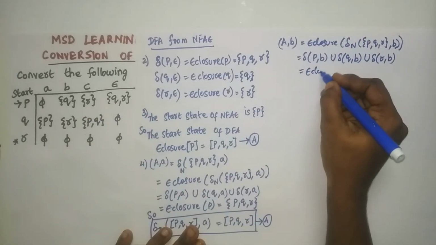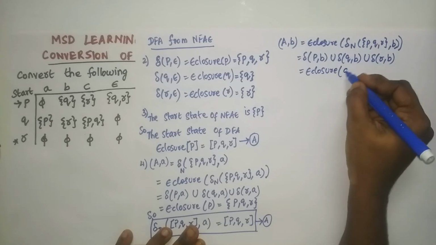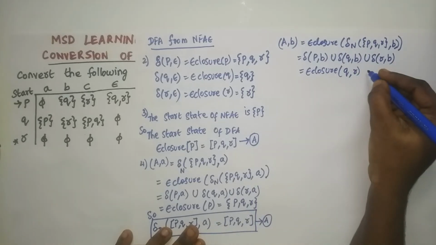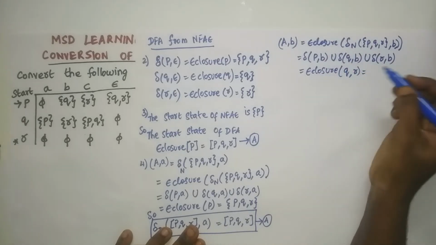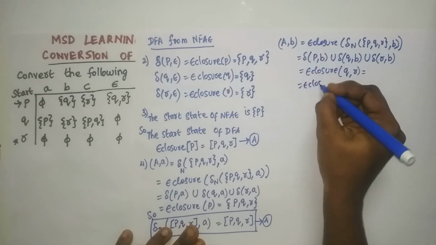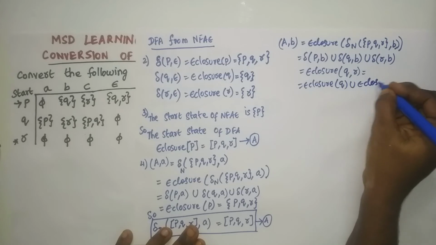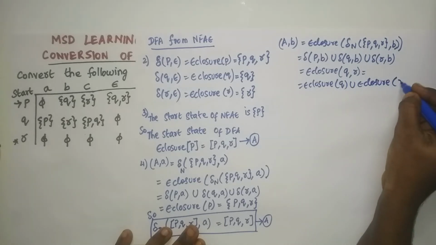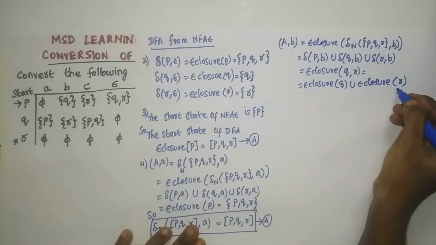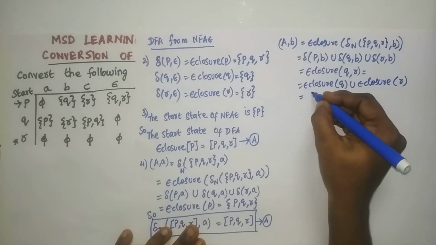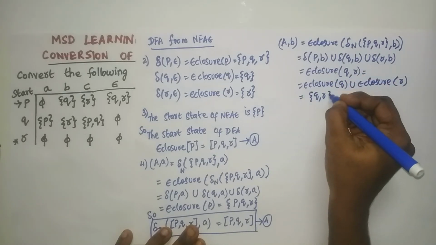So it is nothing but epsilon closure of Q, comma R. Epsilon closure of Q, comma R is epsilon closure of Q union epsilon closure of R. Epsilon closure of Q is nothing but Q and epsilon closure of R is nothing but R. So it will be equal to Q, comma R.